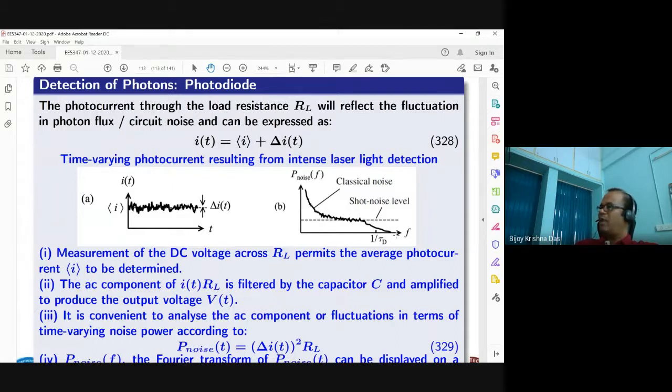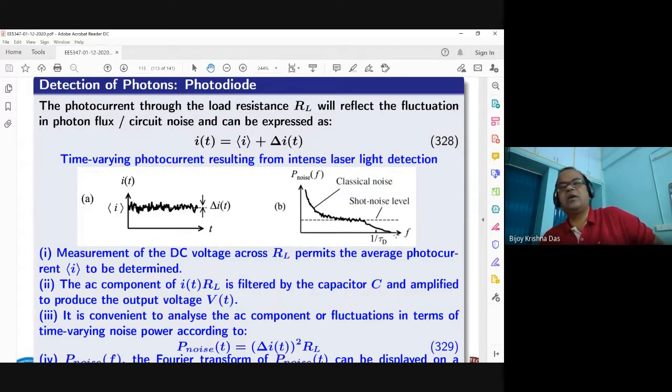But nowadays you can get very fast photodetectors. Even laboratory-level people demonstrated up to 100 gigahertz bandwidth. For communication systems we frequently use 60 gigahertz.